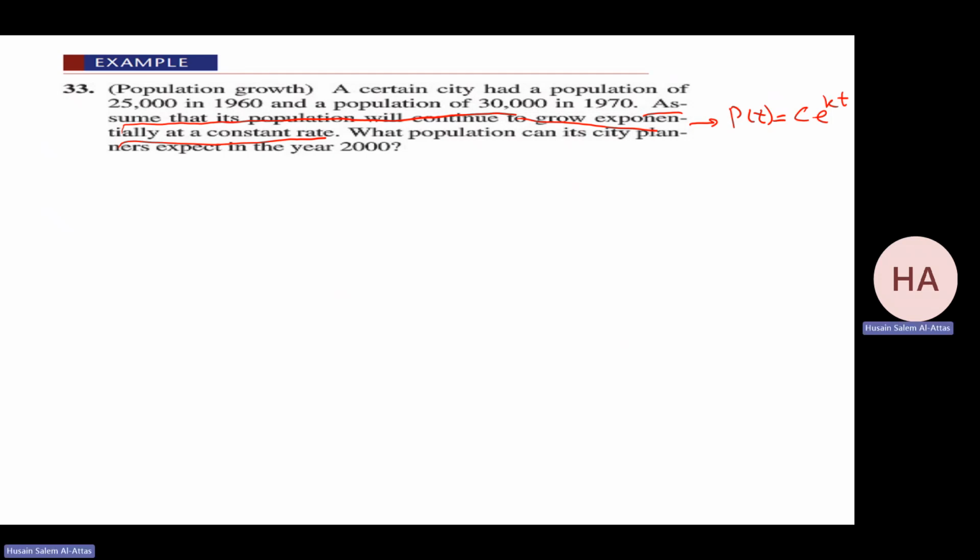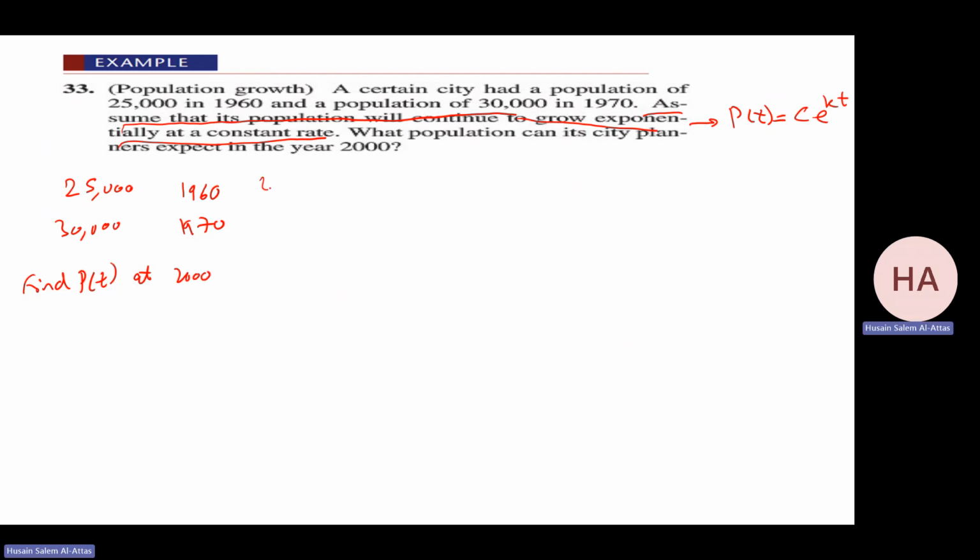Now, what do I have? A certain city has a population in 1960 of 25,000, in 1970 of 30,000. What they want: find P at 2000. I'll do this trick.